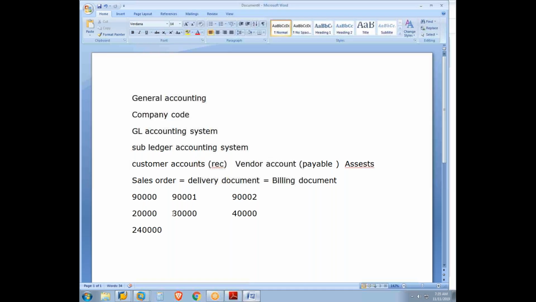The moment you are posting this 20,000 to this particular account 90,000, parallelly the amount is posted to this account. So here also a posting will happen as 20,000 plus 30,000 was posted to 90,001. Same amount is also posted here, 30,000. Likewise 40,000.